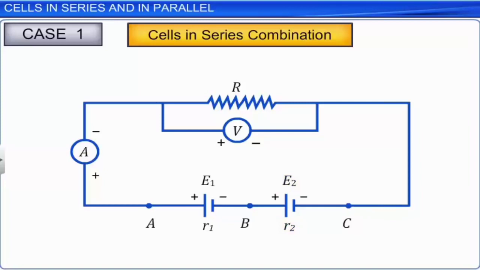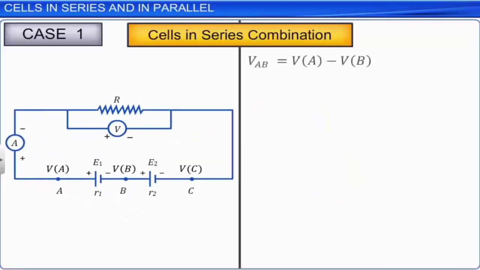The potential at point B is VB. The potential at point C is VC. VAB is the potential difference between points A and B, which also represents the potential difference between the positive and negative terminals of the first cell.